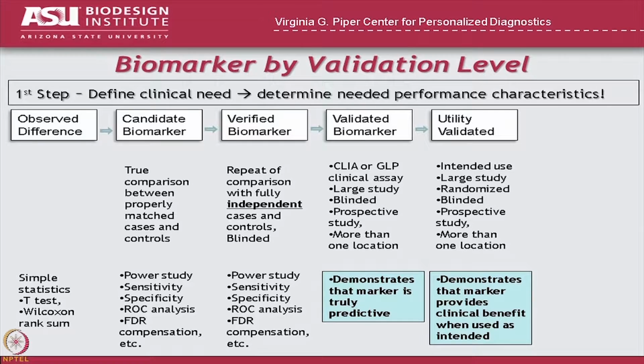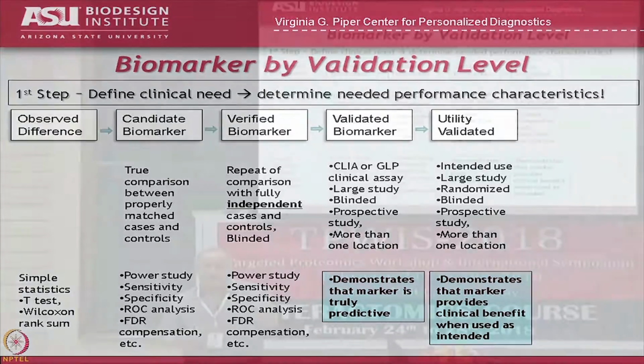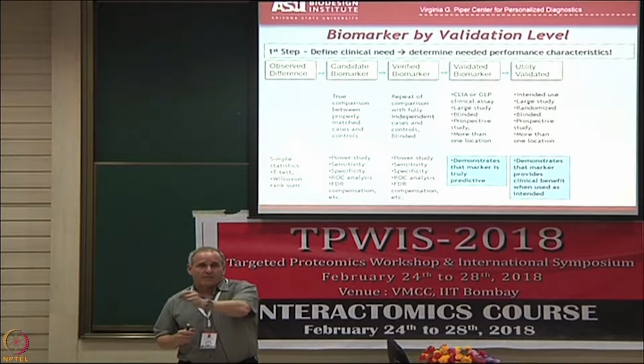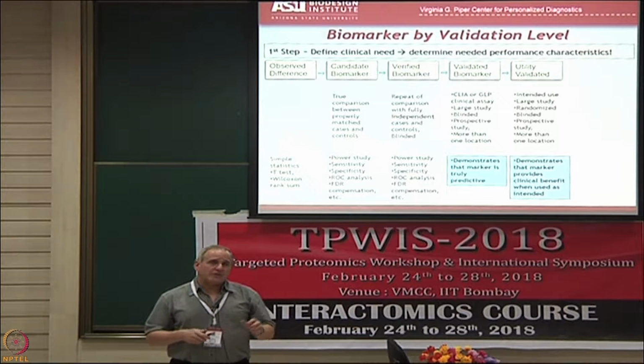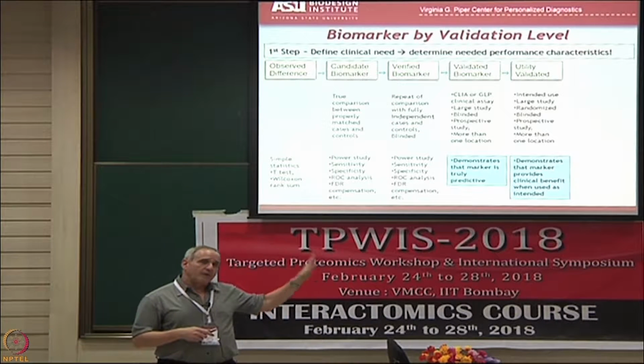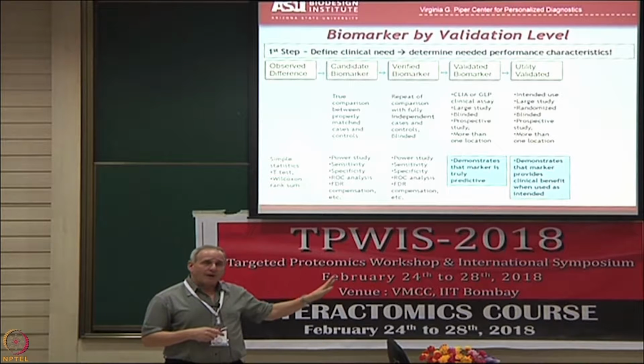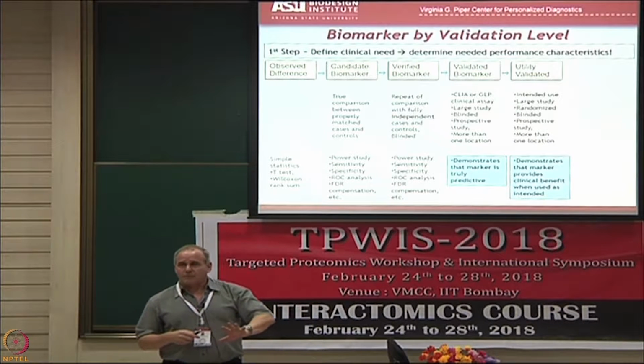Okay, and so here what you do is the same thing as here, randomized blinded study, prospective study, but in this case you're doing it as an intended use. You're measuring it, you're predicting an outcome, you're telling the patient, and you're acting on the prediction. And you ask the question, in those people with whom I use the marker, did they have a better outcome than the people who did not use the marker?